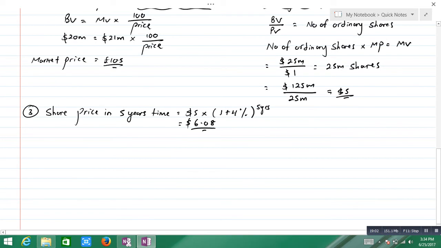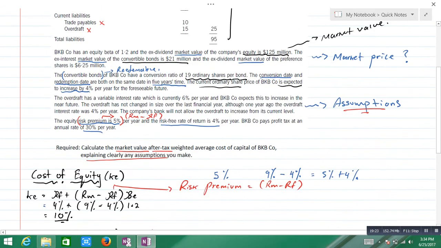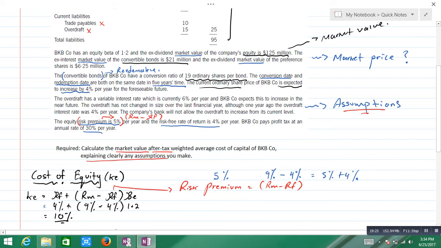Number 4, we're going to calculate the conversion value. The conversion value is going to be 6.08, the share price after 5 years, times 19 shares. They already told you in the note, 19 ordinary shares, and of course you multiply by the share price.